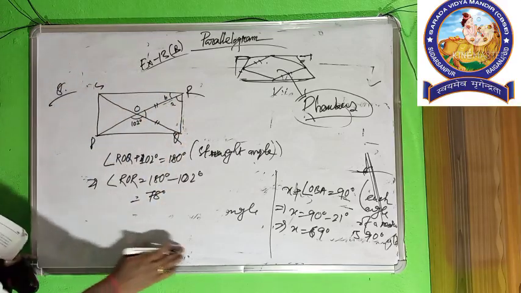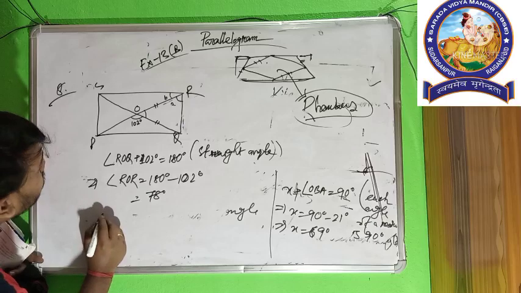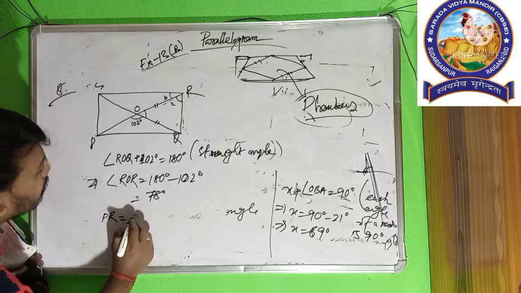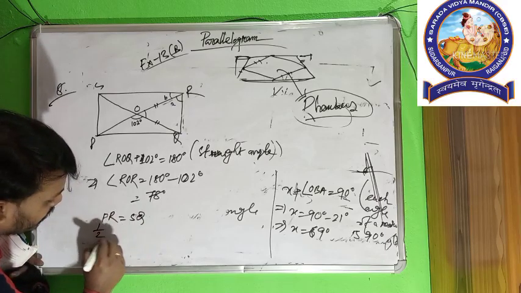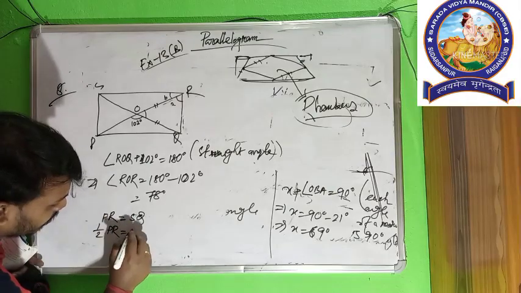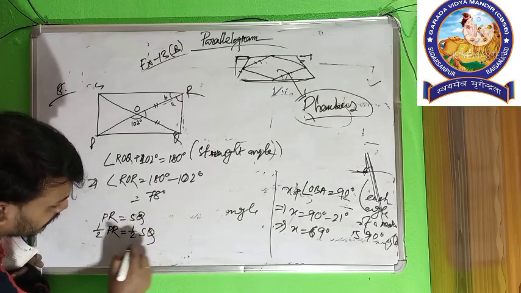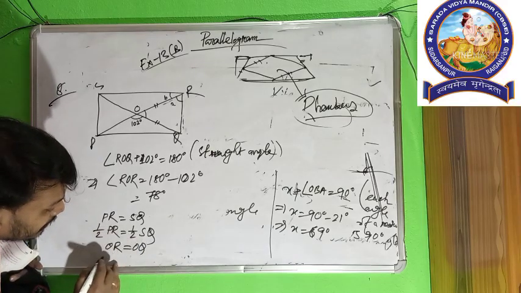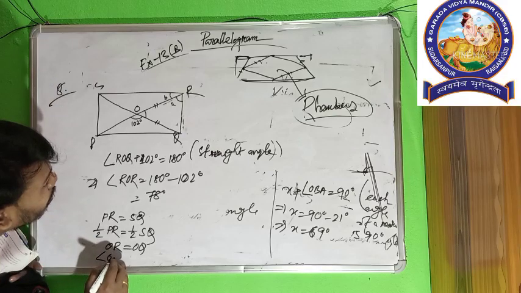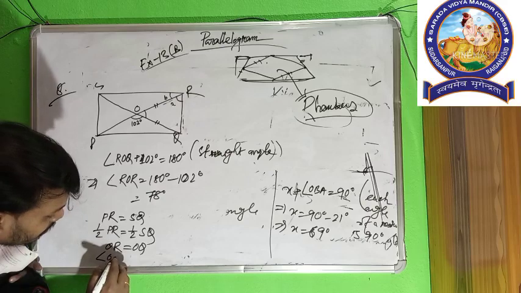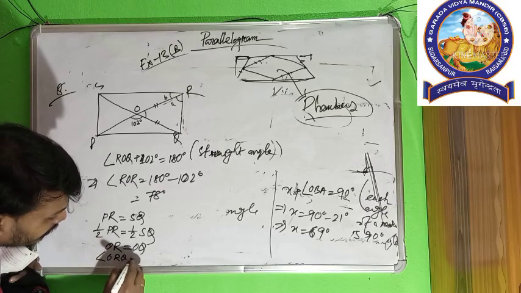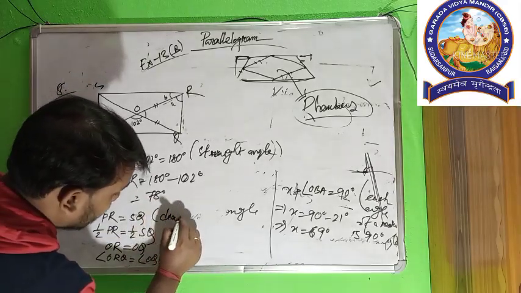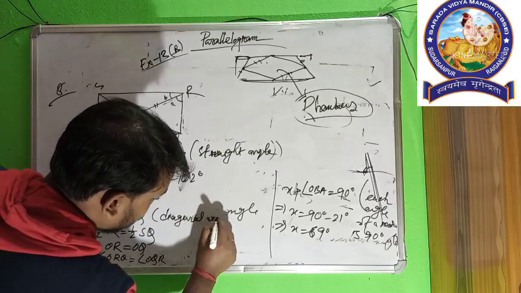In a similar way, OR equals half of SQ, and OQ equals half of SQ, that means OR equals OQ. That means angle ORQ equals angle OQR, because diagonals are equal.